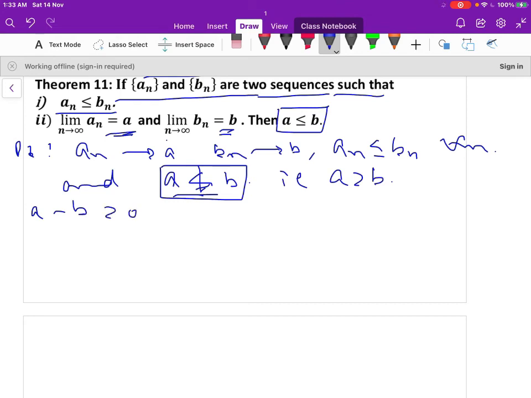We note that if a is greater than b, a minus b is positive. Let us choose the epsilon a minus b by 4.